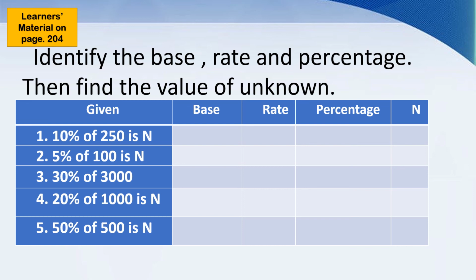Number 1, 10% of 250 is N. Number 2, 5% of 100 is N. Number 3, 30% of 3,000. Number 4, 20% of 1,000 is N. Number 5, 50% of 500 is N.